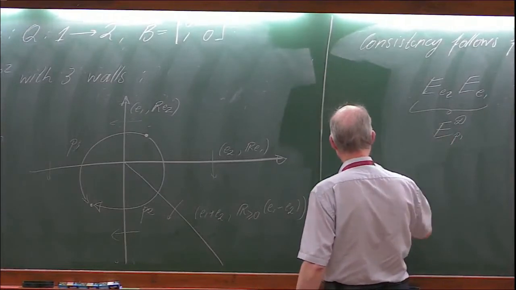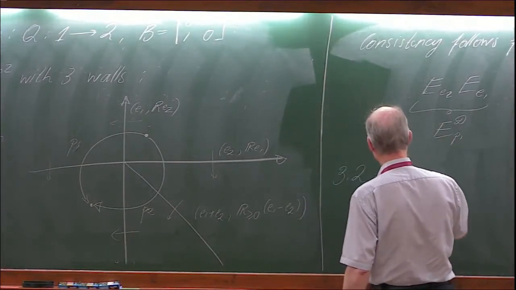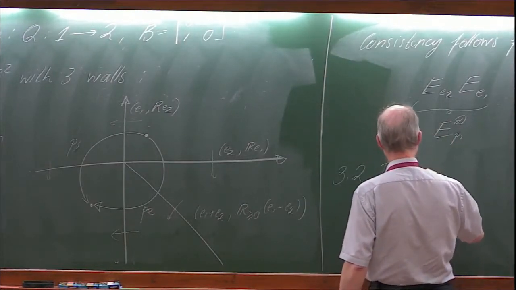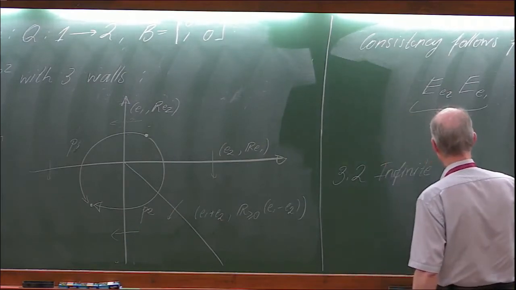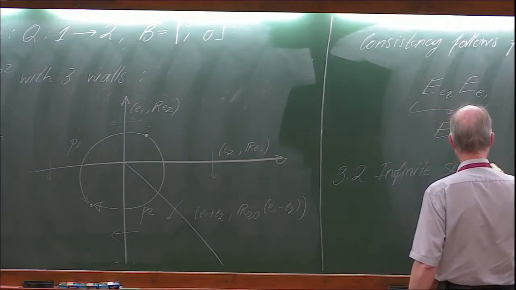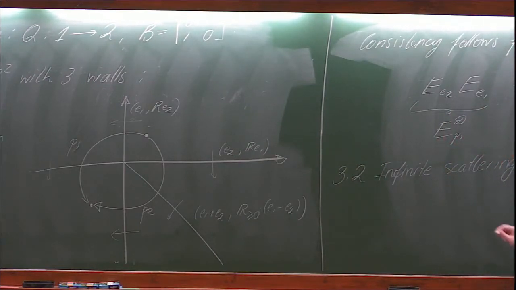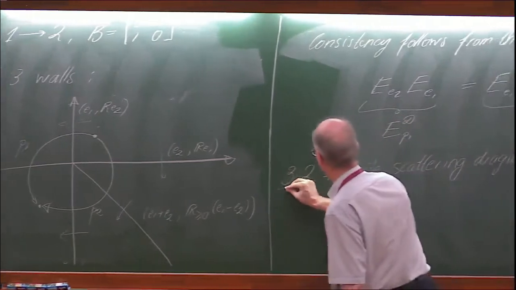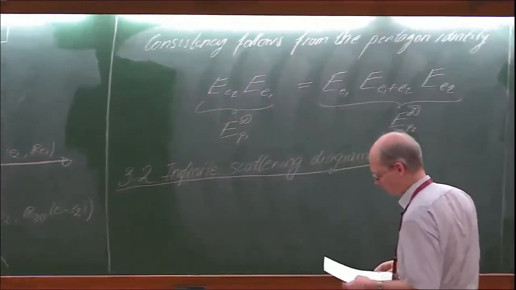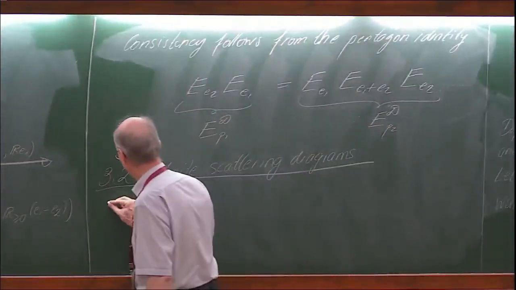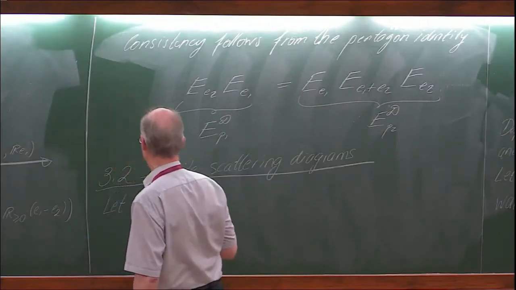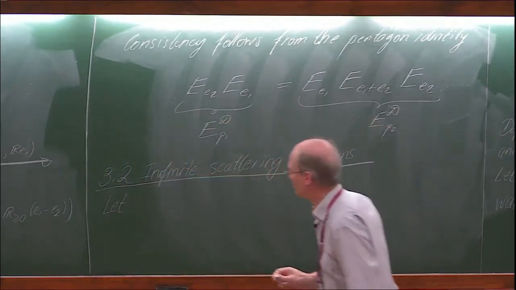So far for the finite scattering diagrams. Now, the interesting thing is that we also have infinite scattering diagrams, which encode quantum logarithm products with infinitely many factors. Okay, and in order to manage these, we need a truncation operation.